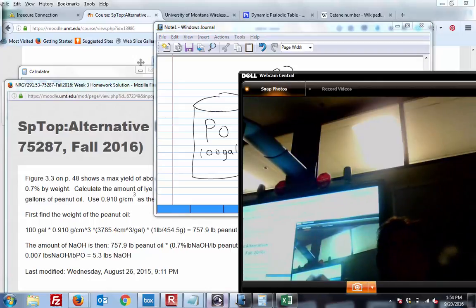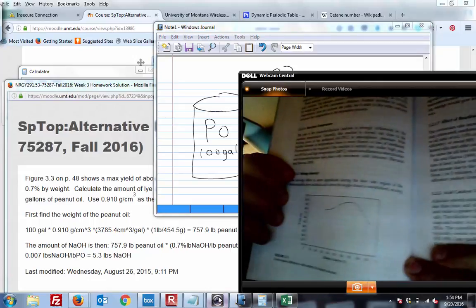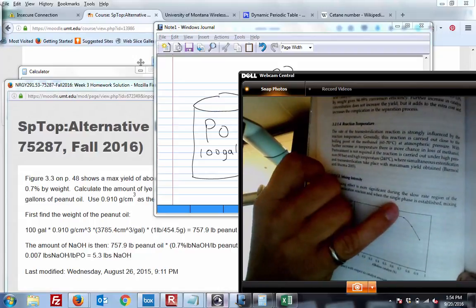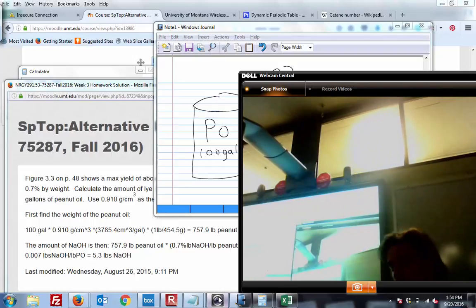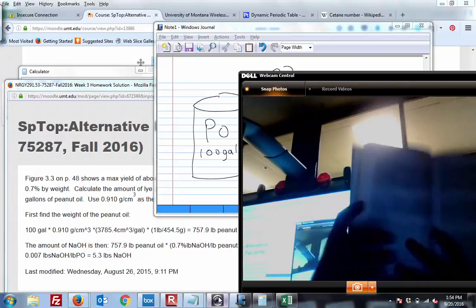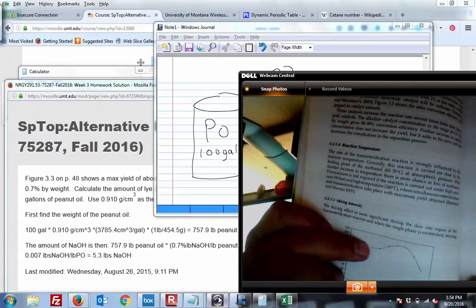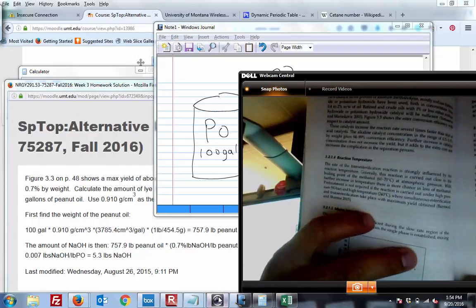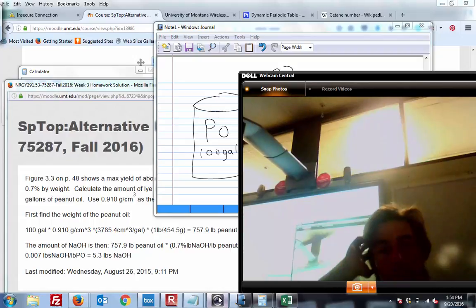The picture is showing that at 0.7, there's a maximum up here, just shy of 100%. There's a nice little sweet spot. If I don't add enough lye, I don't get as much yield. If I add too much lye, I don't get as much yield.